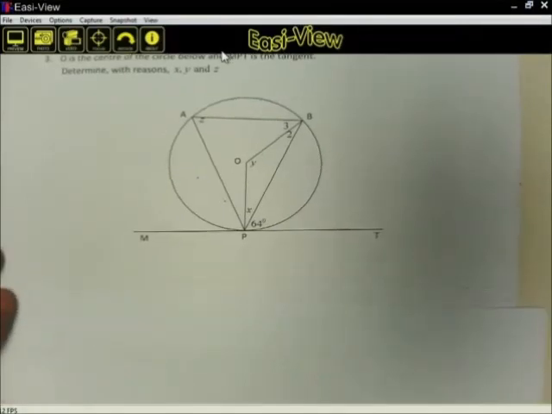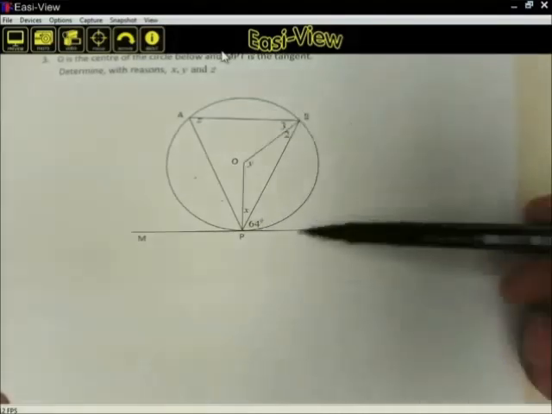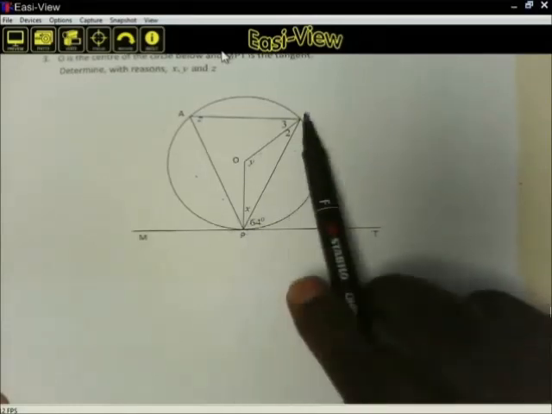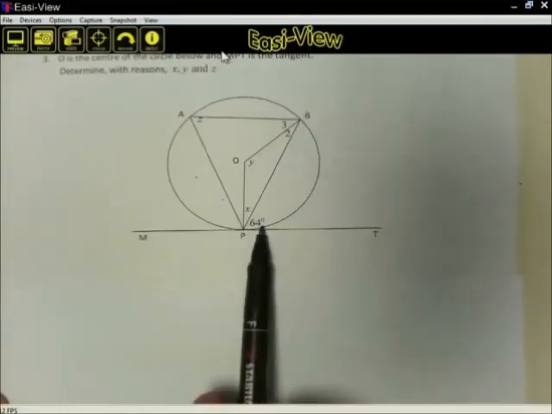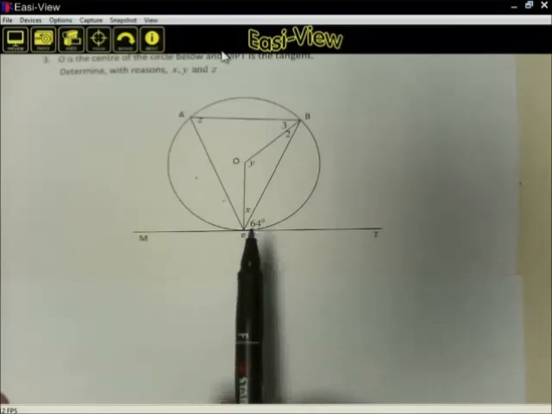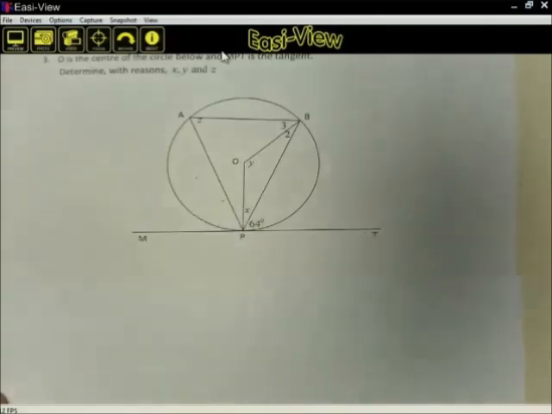From the theorem that we have just proven earlier on, check 64, check Z. Remember MPT is a tangent. PB is a chord. Therefore 64 is an angle between a tangent and a chord. According to the tangent-chord theorem, the angle between a tangent and a chord is equal to the angle in the alternate segment.